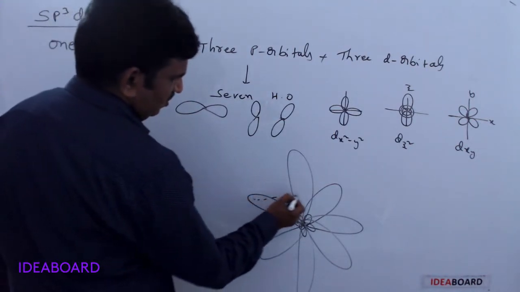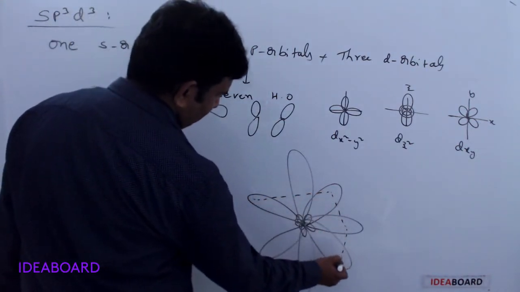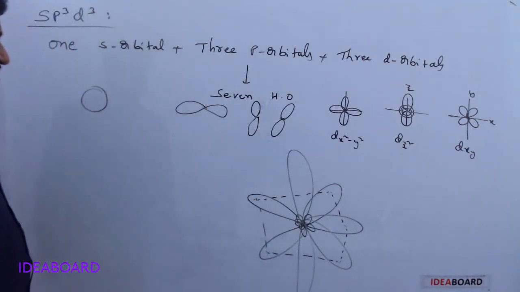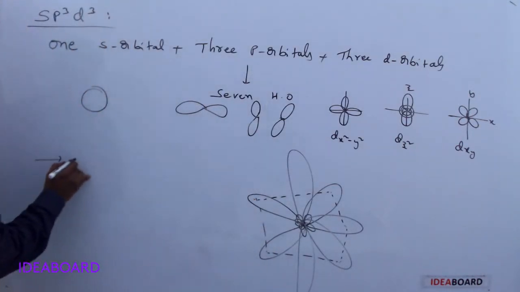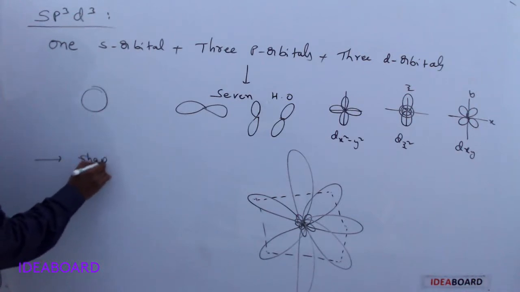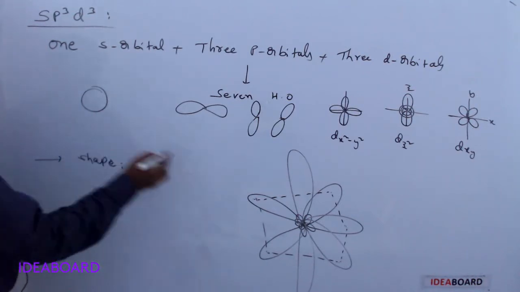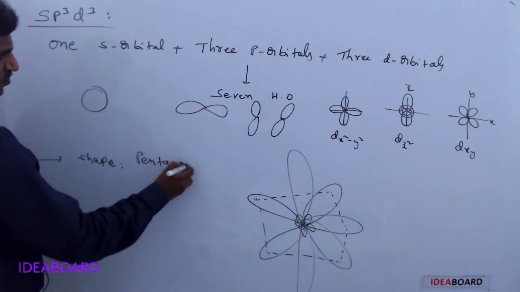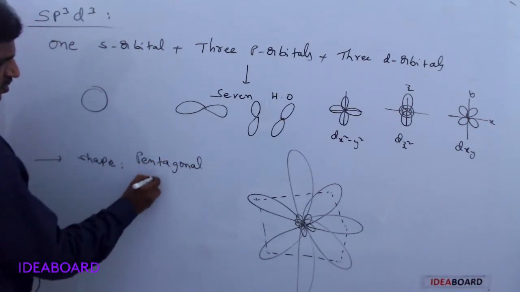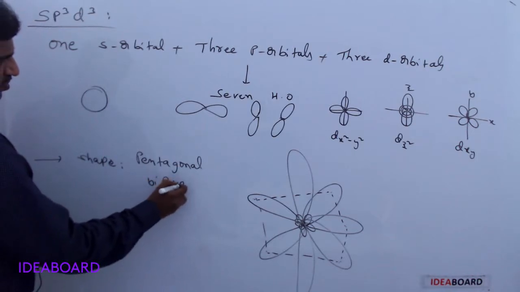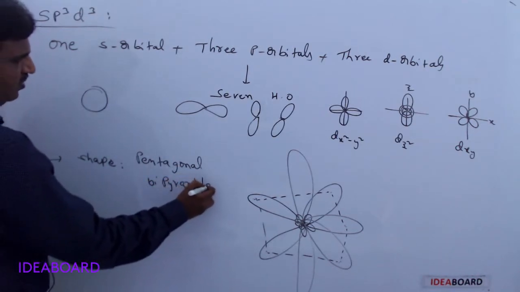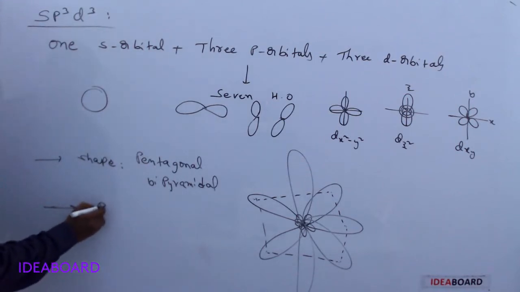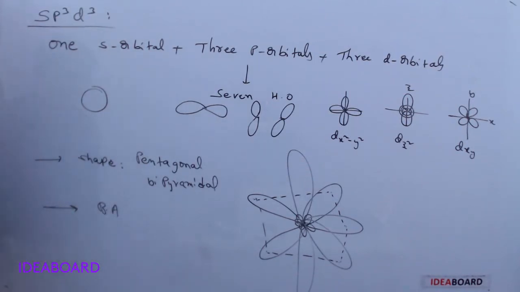So the shape of the molecule with sp3d3 is pentagonal bipyramidal, and it has two different types of bond angles.